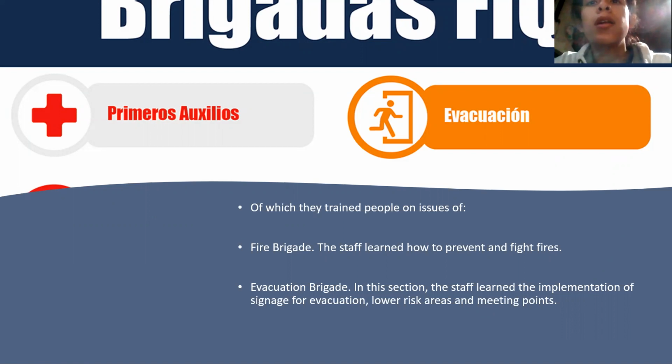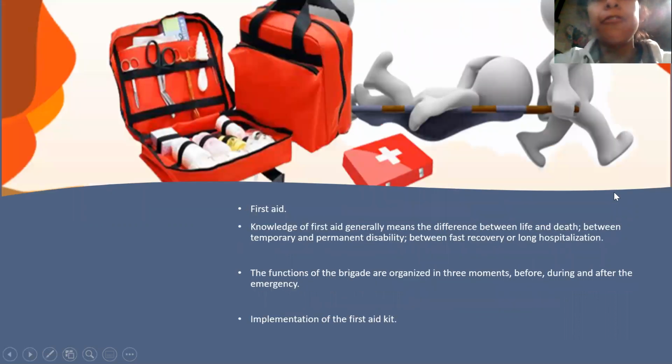For example, don't run, don't yell, don't push. The first aid brigade taught the staff the techniques to give basic first aid assistance, in addition to placing a first aid kit with healing materials, antiseptics, and medication at strategic points.